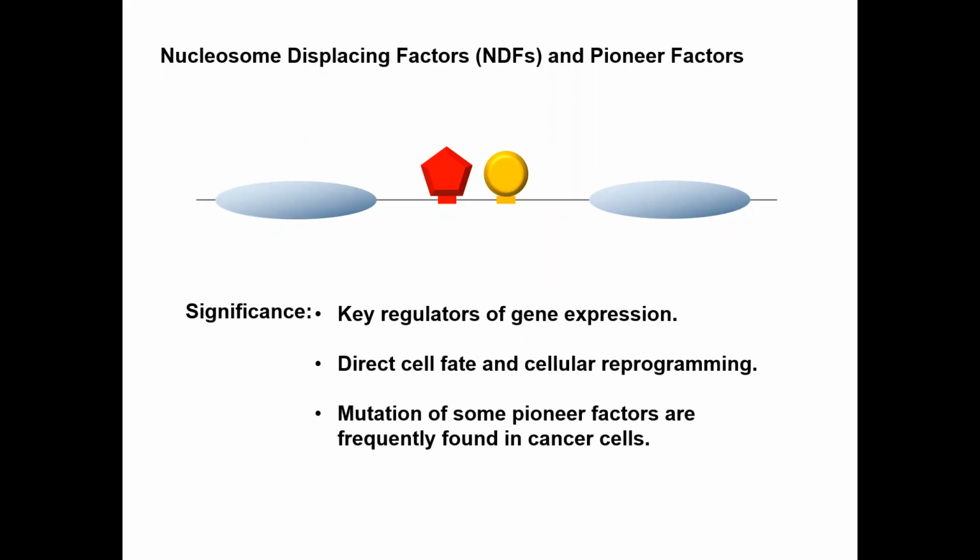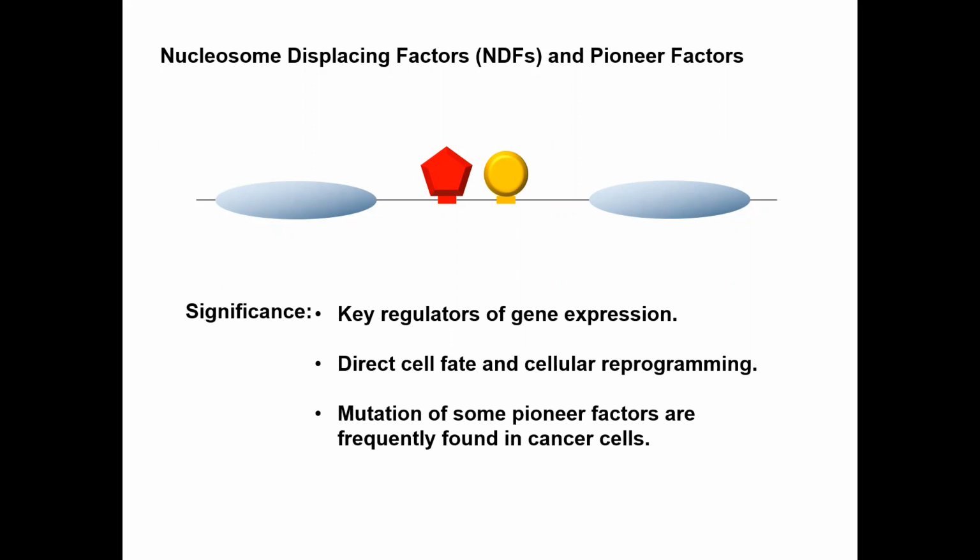You can imagine inside the cell, if you have certain pioneer factors, they say, okay, I'm going to open here, here, here, here. So this set of genes will be regulated. When these pioneer factors go, a new set of pioneer factors comes in and opens up a different region. So they can completely change the transcription program of the cell.